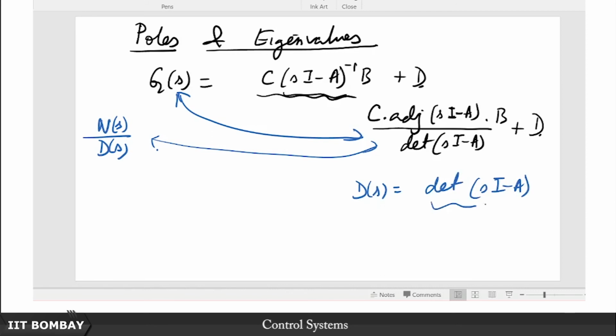This is the so-called characteristic polynomial of A. We call it, let us say, chi A of s.